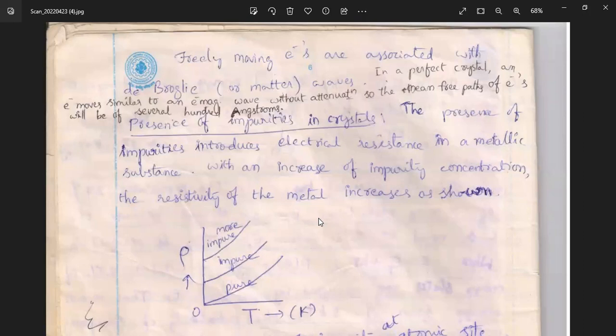You can understand now. So what we understood is that the presence of impurities in the crystal is one of the reasons for the resistance arising in solid materials.